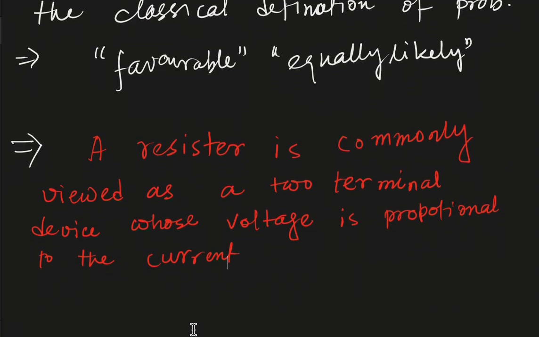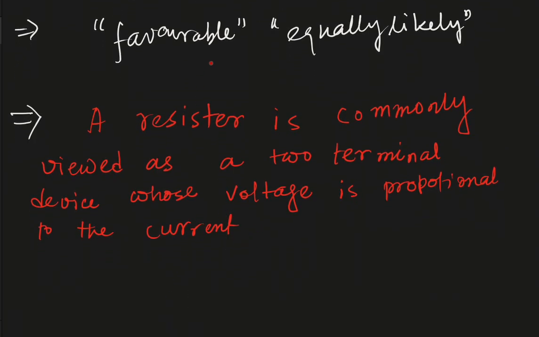It is nothing to do with this classical definition, but I want to emphasize here how we actually use probability and uncertainty in our science.